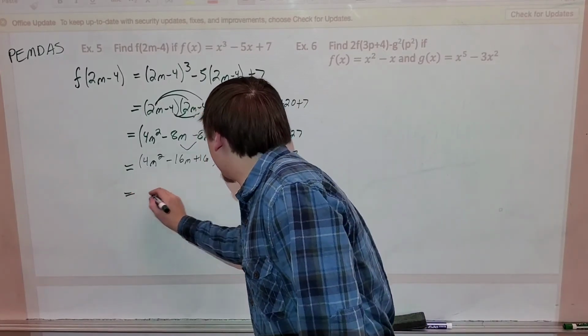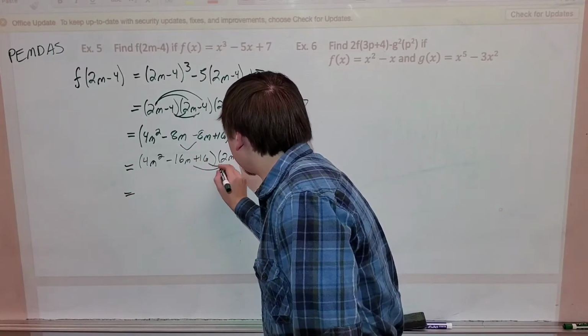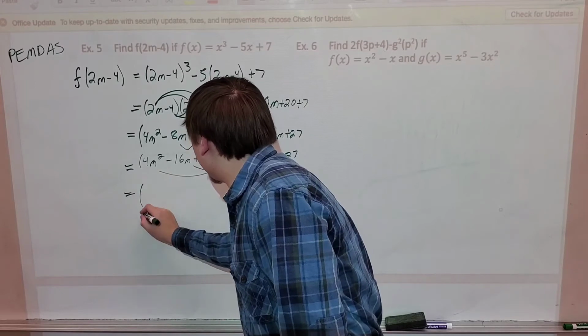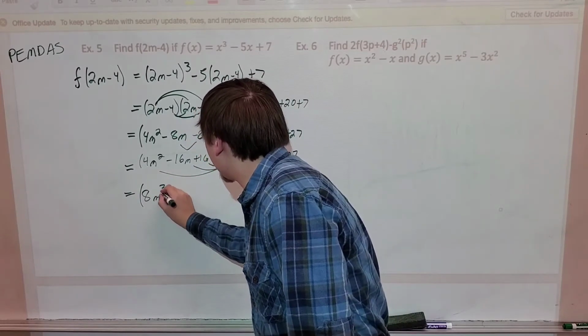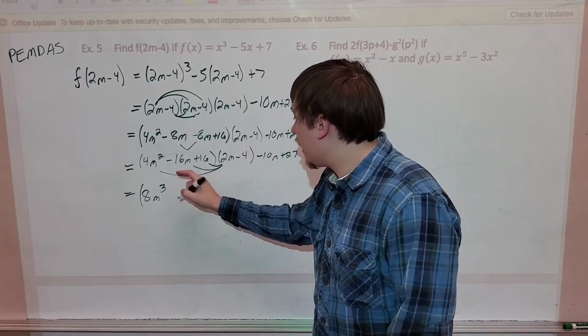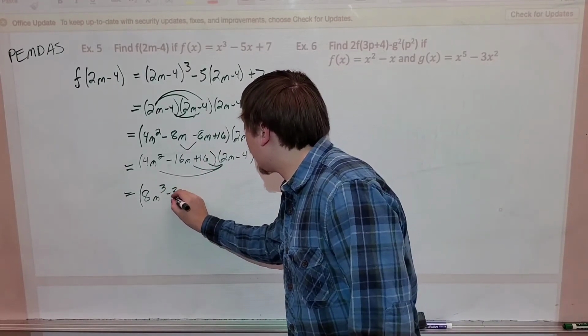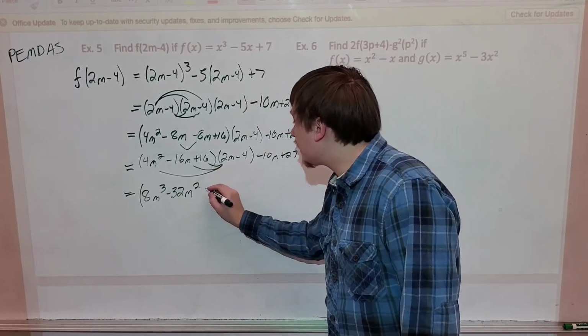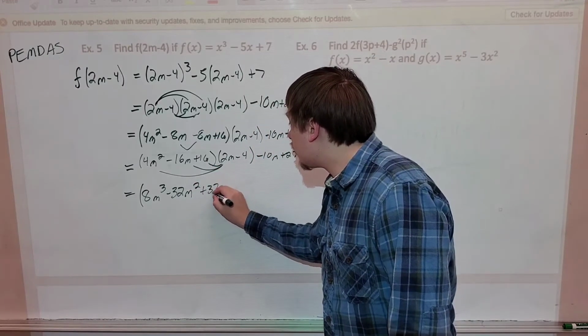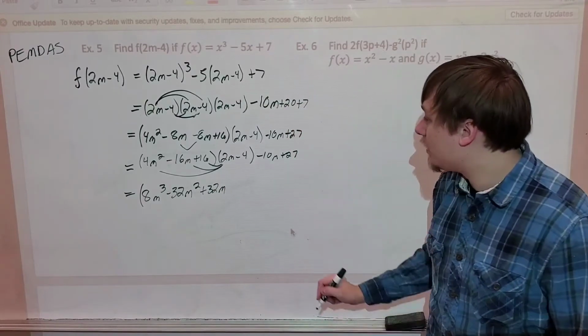Okay, same thing, distribute the 2m. And so then 2m times 4m squared, 8m to the third, 2m and negative 16m, make negative 32m squared, 2m and the 16, that makes 32 just with one m this time.